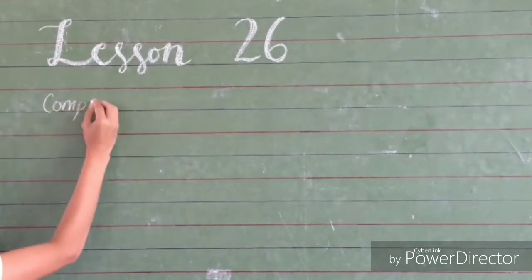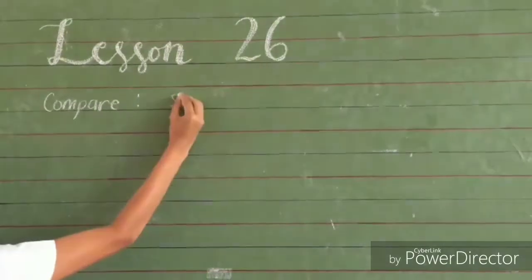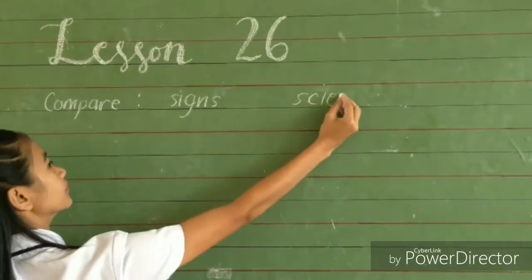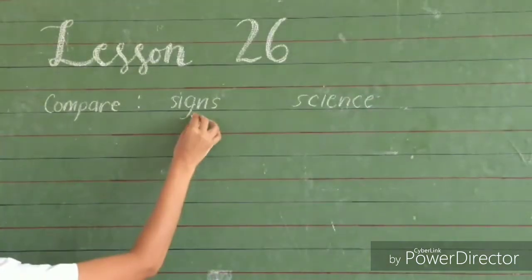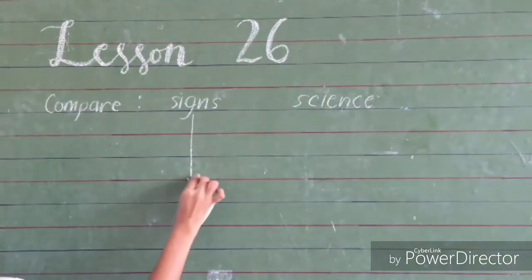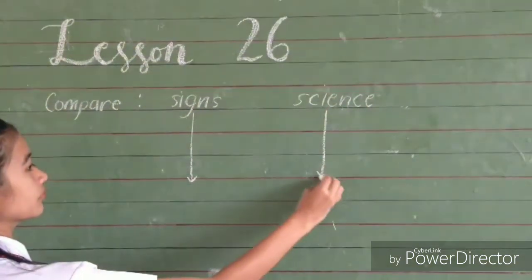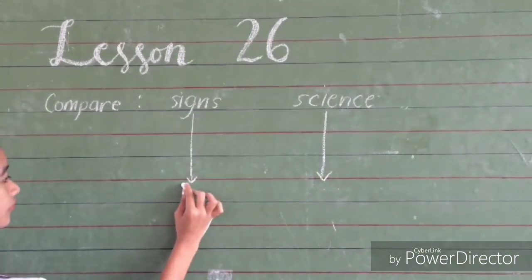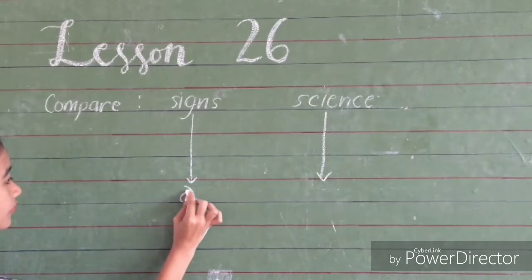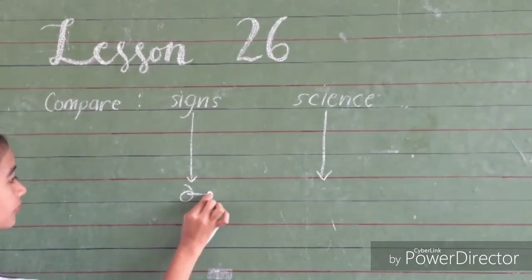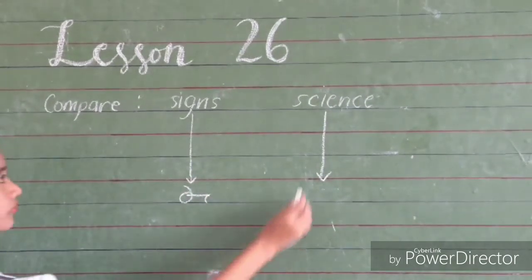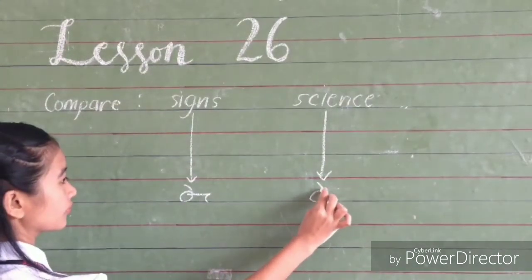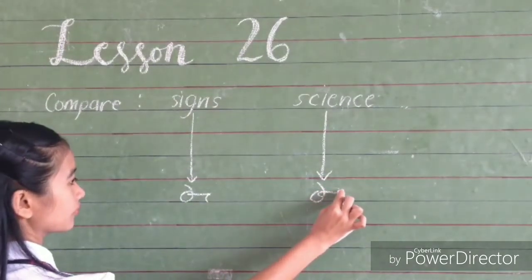So let's compare the word science into science. So for the first word, which is science, it is written in shorthand as this. However, the word science is also written in shorthand like this.